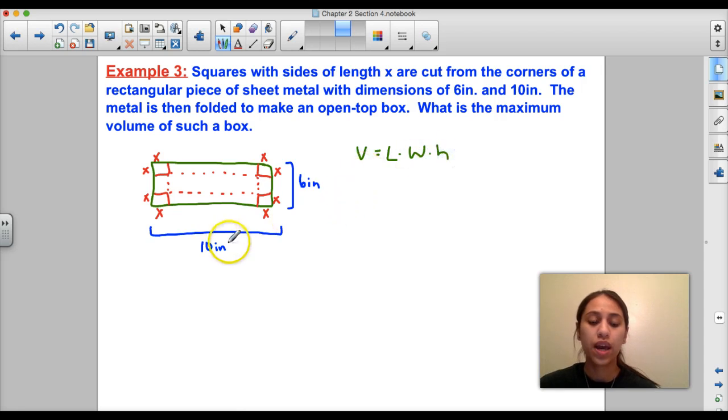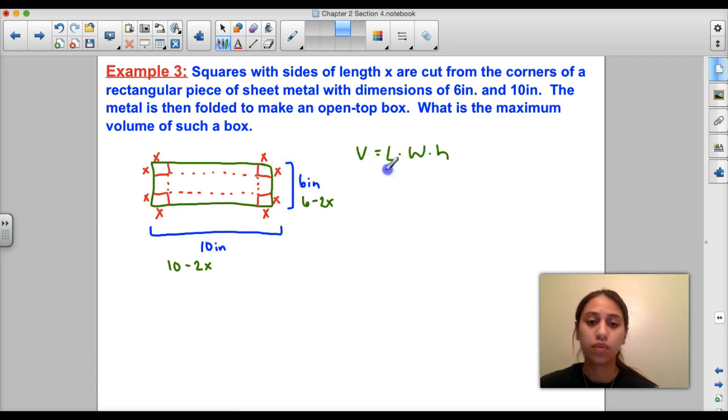Okay, so now we have to see what our dimensions are because we would be cutting out these x dimensions. So it's not simply 6 inches by 10 inches. We're actually going to cut out 1 and 2x from this here. So this would be 10 minus 2x on that side. This side would be 6 minus 1 and 2, so another 2x, so it would be 6 minus 2x. And then the height of the box is just x, because it would be this side here.